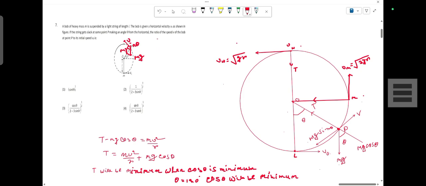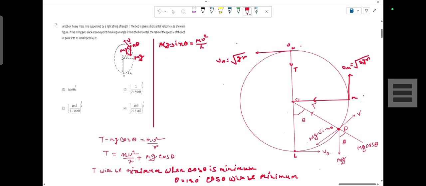So right now you can solve the question here. mg sin theta is the force which provides the centripetal force.